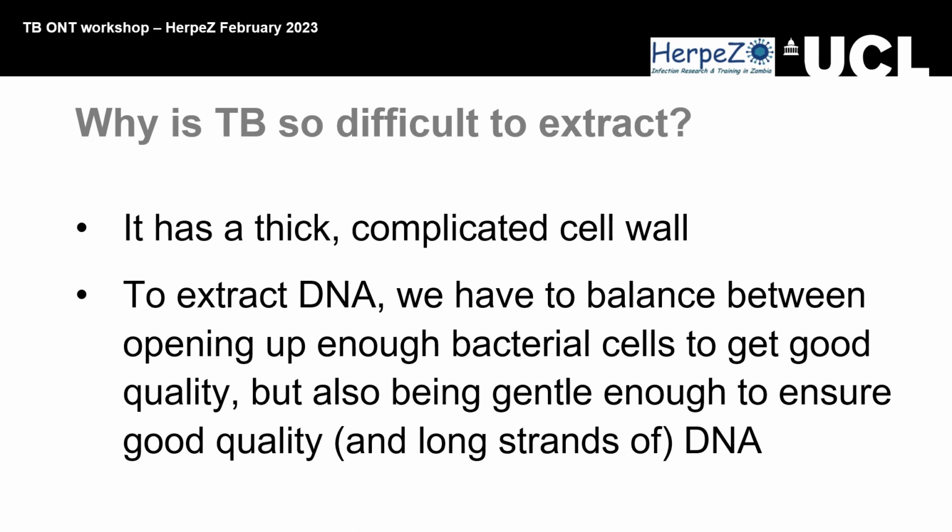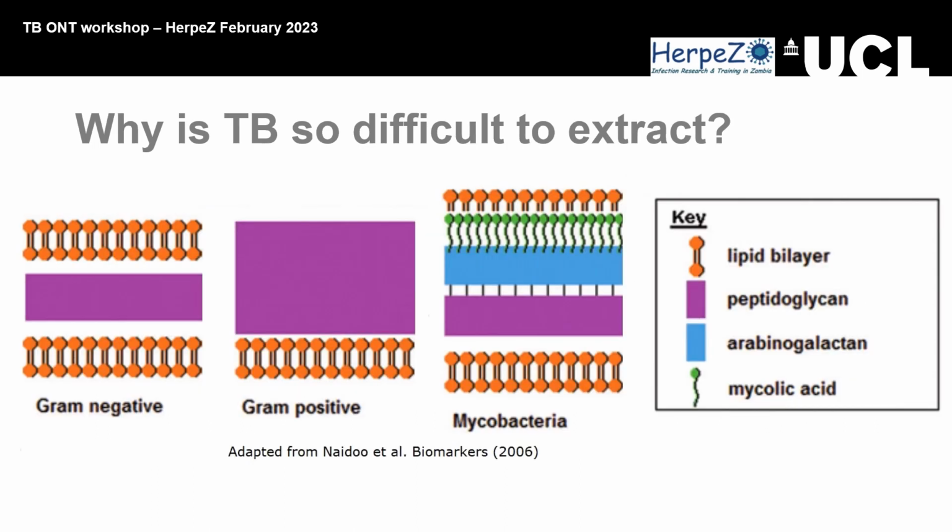You have to be gentle and rough at the same time. This is why it's difficult, because of the lipid layer. You have to get through the lipids, so we use detergents such as CTAB to break through them.